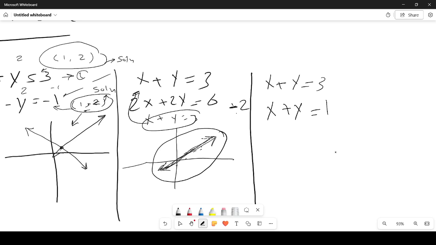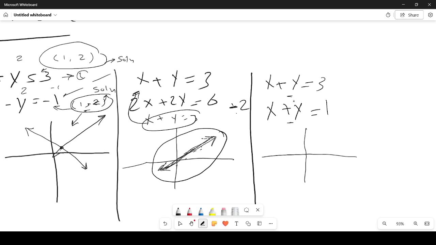And there is another case. Okay, let's draw the graph here. If we take a look at these equations, we find that the first equation says x plus y equals 3, and the second one, x plus y equals 1.